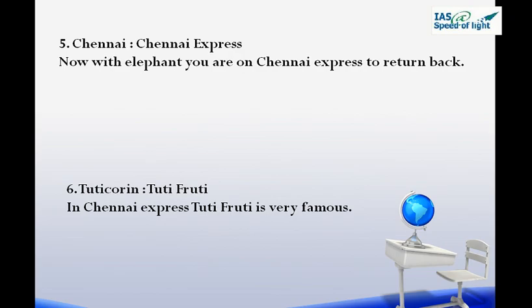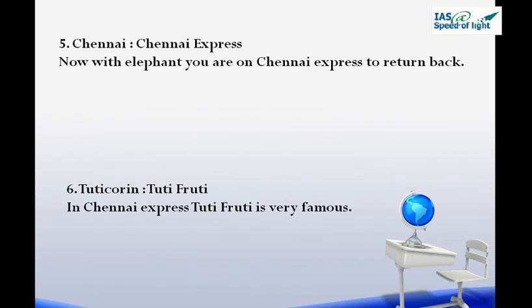Okay, Tutti Frutti is a very famous variety of ice cream. So from Tutti Frutti, we get Tuticorin. So in the Chennai Express, now you are sitting with your elephant. You have to see that picture now in your mind. Chennai Express was a famous movie of Shah Rukh Khan also.